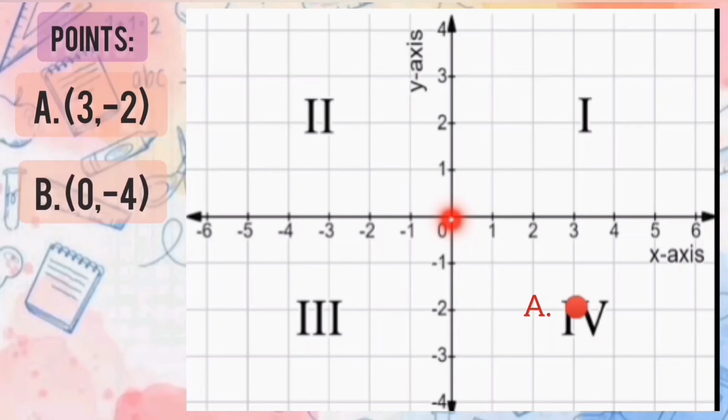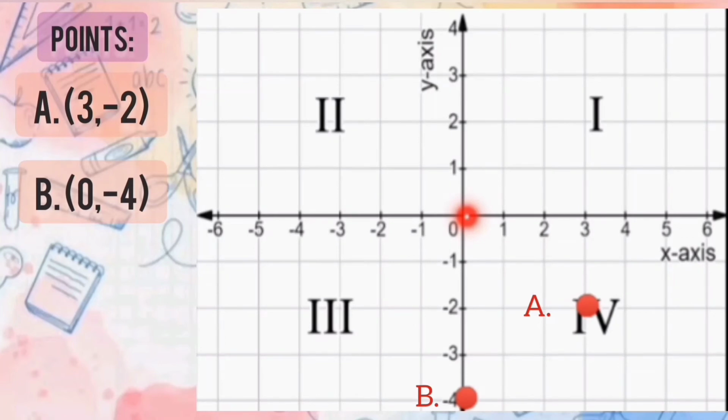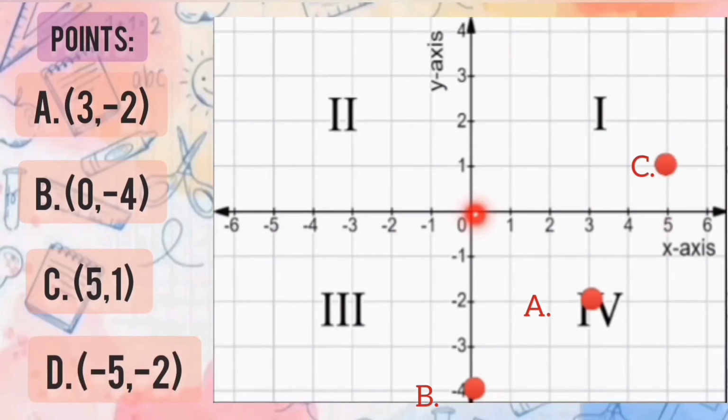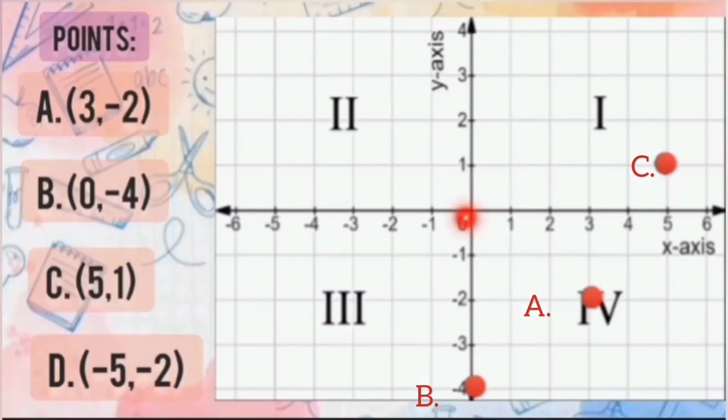For point B, our abscissa now is 0. Our ordinate is negative 4. So we will now move 4 units down. For our point C, we have 5 and 1. So now, we will move 5 units to the right and 1 unit up because our given ordered pair is positive.